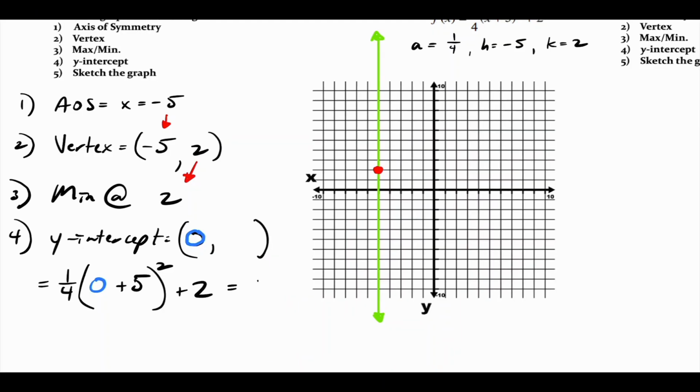It's okay to get decimals. Doesn't mean it's wrong. Just like yesterday, you guys got some decimals. It's okay. So that means we're going to go left and right 0, up 8.25, sorry. 1, 2, 3, 4, 5, 6, 7, 8, a little bit more. So right about there.